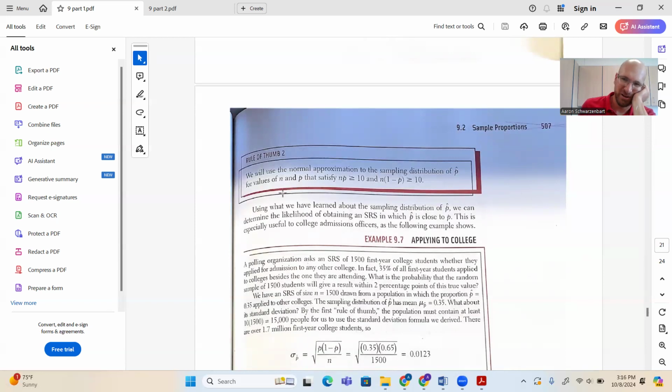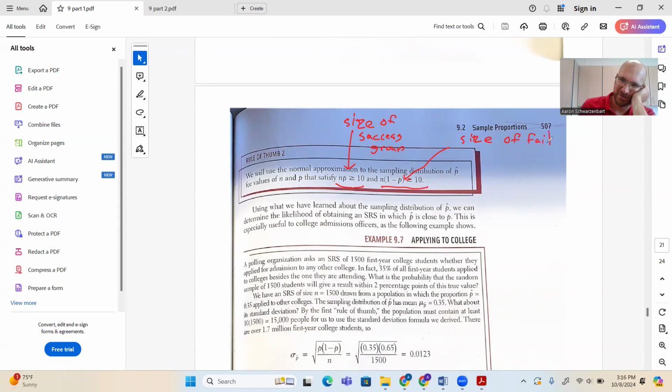And n times 1 minus p also needs to be 10 or more. So we have these key rules. This I would call the size of success group. This here I would call the size of fail group. So the success and fail group each need to have at least 10.